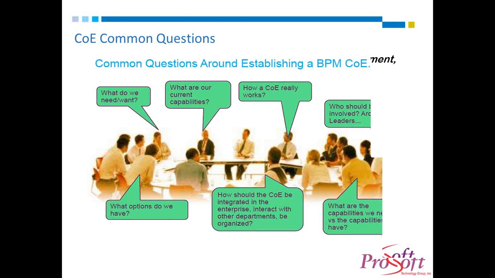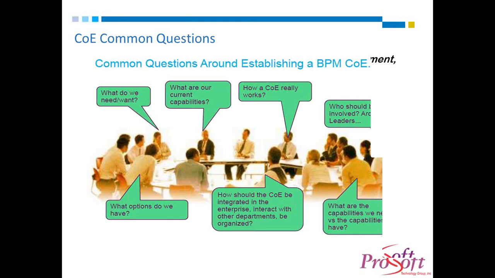So I think the best way that I can put it is that with a CoE, there's a greater chance that you will realize the full value of BPM. And what do I mean by the full value of BPM? It's not about just having a successful process-based solution in place. But the full value of BPM means there's better collaboration within the organization, especially between business and IT. There's better visibility and understanding between the link between the goals and the process activities.